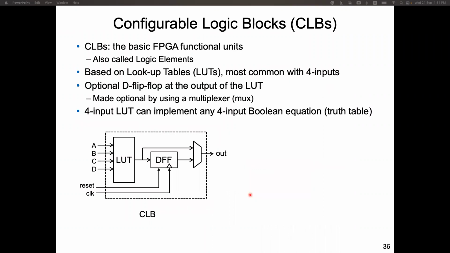So the core of the FPGA is the so-called configurable logic blocks, CLBs. It's the basic FPGA functional unit, also called logic elements.